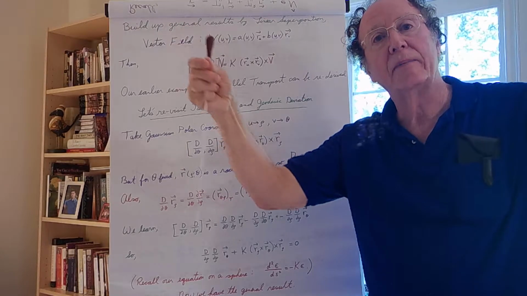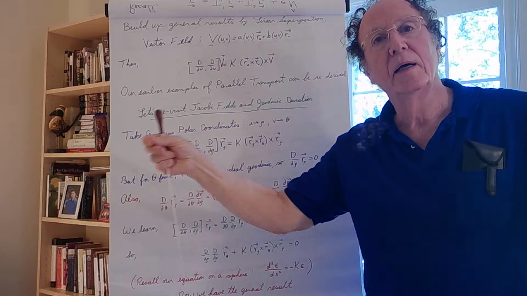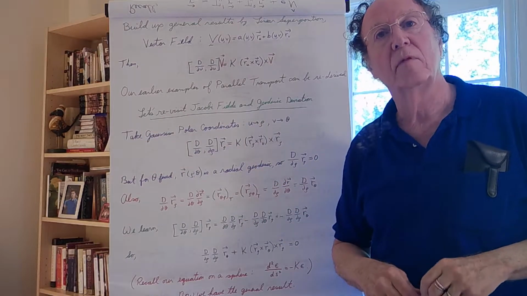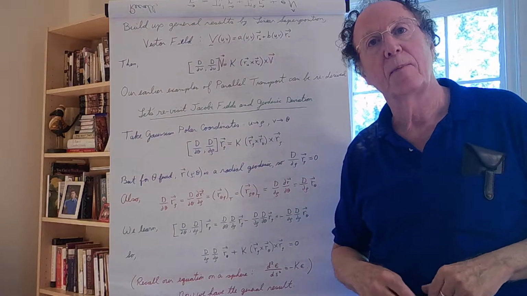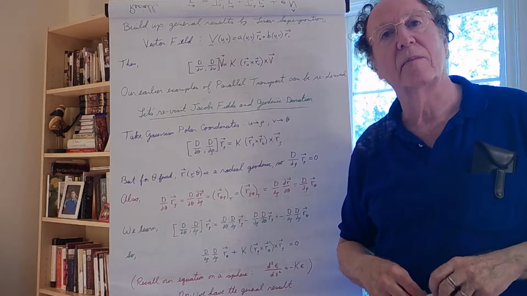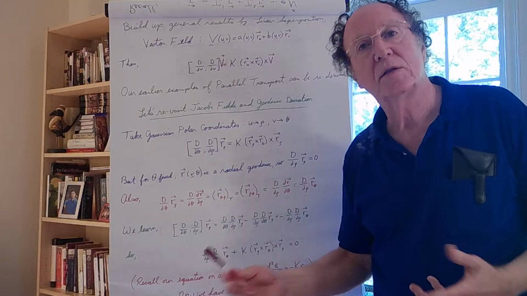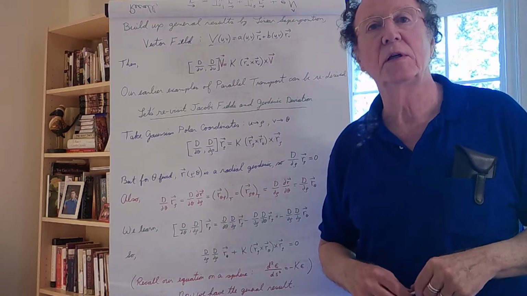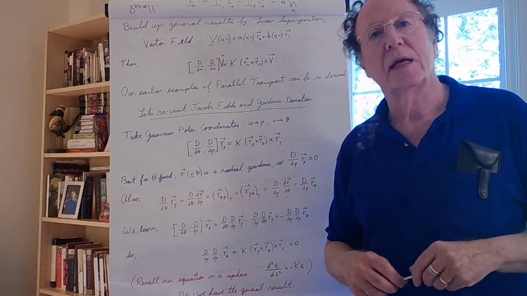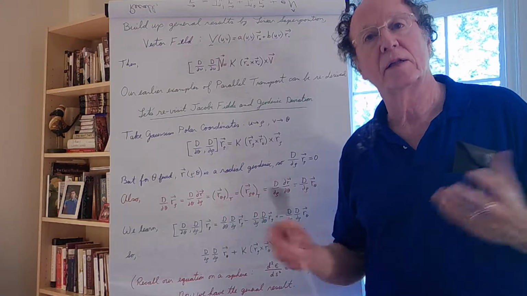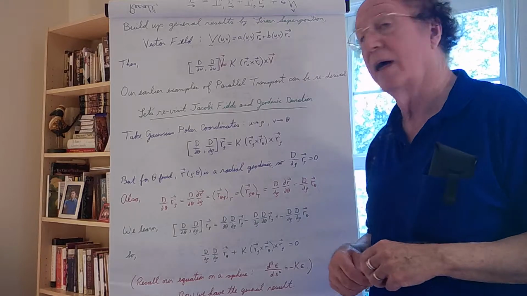But they may come together or move apart depending on the local Riemannian geometry. In the case of four-dimensional Riemannian geometry, we have a tensor to express curvature, and so we'll have geodesic deviation equations of a tensorial character like that.